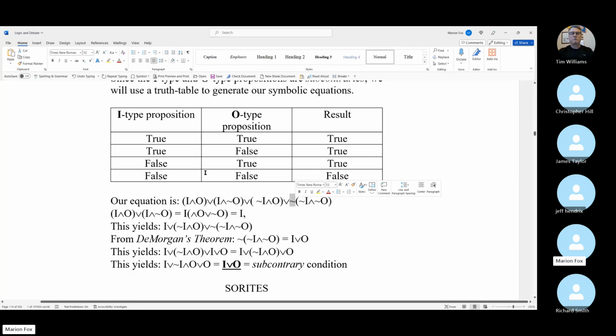Now we can combine terms. When we combine terms, we reduce them with all the rules we could use. We'll wind up with this right here. I and O or I and O not, which when we combine them again, we get I. This yields I or I not and O or not.